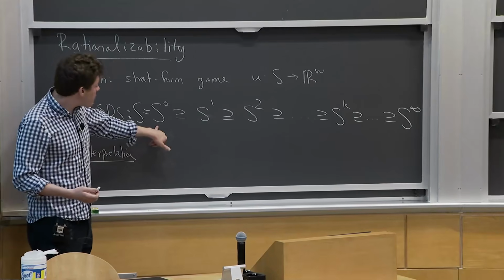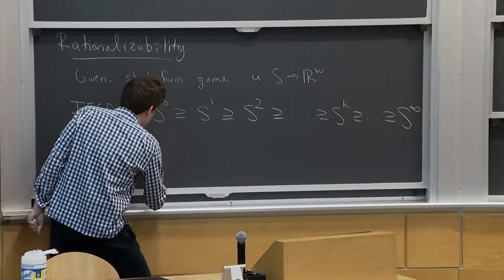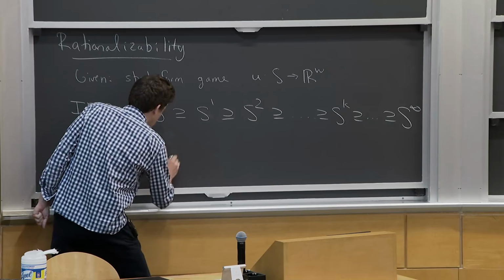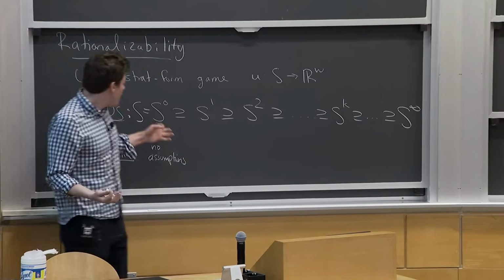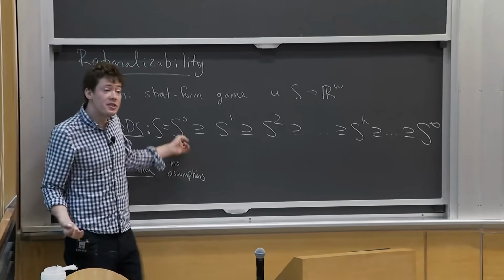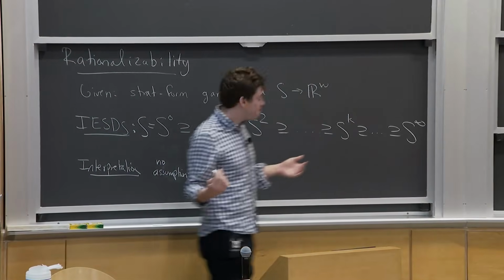So we start with S0. This imposed no assumptions. If we make no assumptions about how people play, then of course anything is possible. The set of strategy profiles that the players may choose is unrestricted.